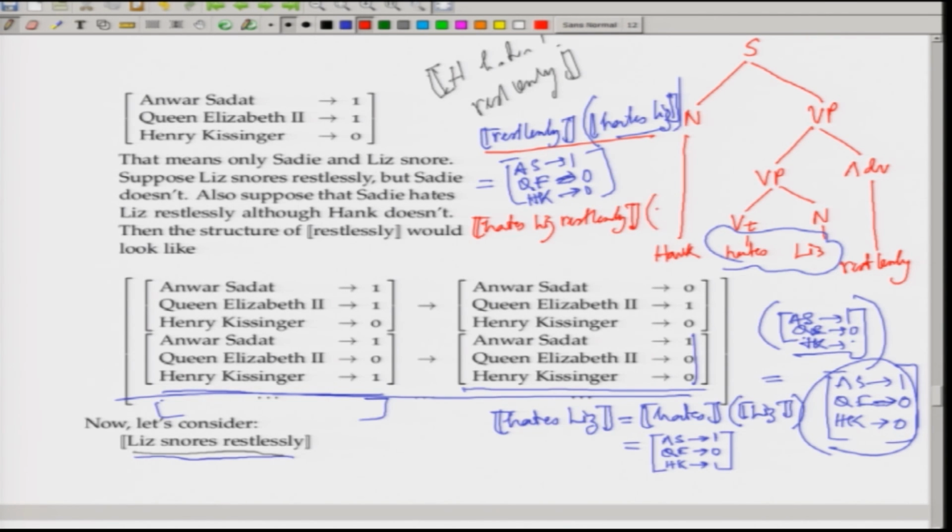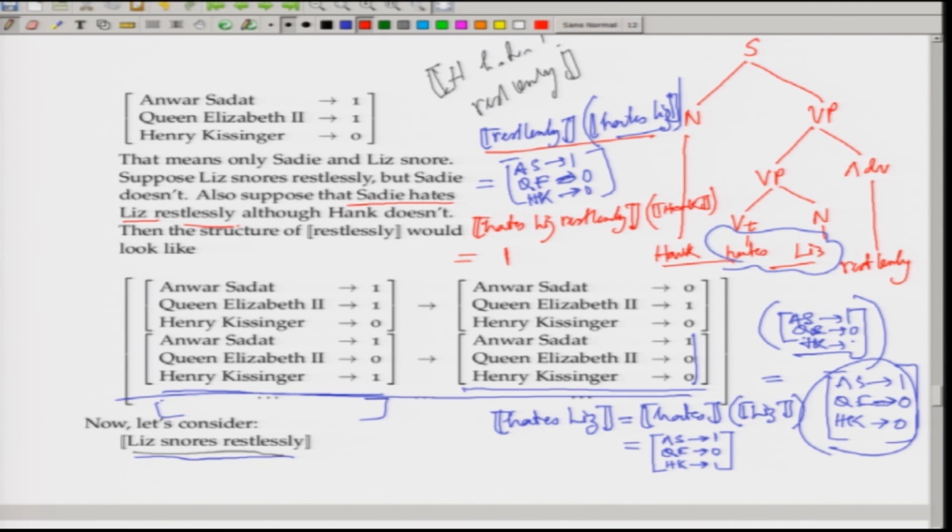We are considering this sentence, Hank hates Liz restlessly. So, it will take the denotation of Hank, and we know the value that is here. This will take the denotation of Hank, which is AS, and will actually yield 1, and that was desired, because we supposed that Sadie hates Liz restlessly, while Hank doesn't, right.